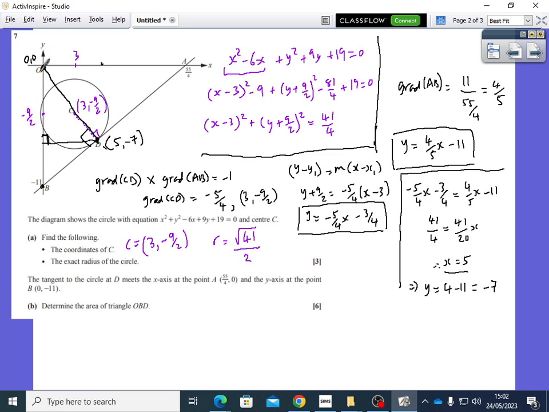So if I redraw this triangle going like this, this will be O to B, which is 11, and this height here, which goes to that point D, will be 5. So just be careful. I nearly fell for a trap. This is not a right angle. I should rub that off.